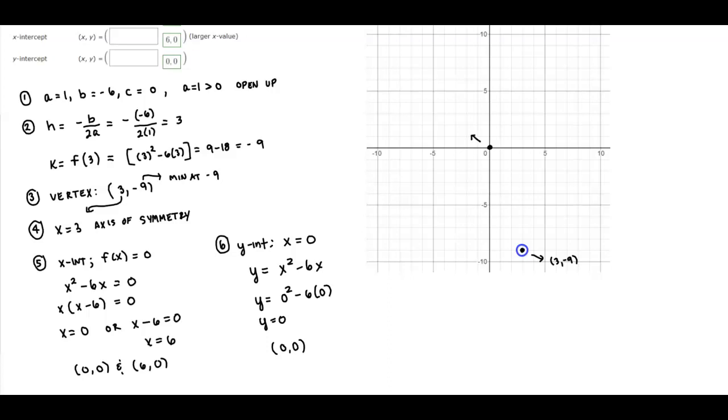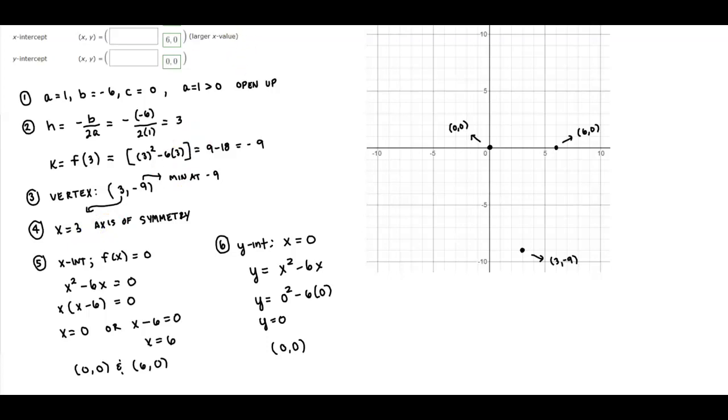So we know we have an x-intercept at 0, 0, and then we also know that we have an x-intercept at 6, 0. And we also have a y-intercept at 0, 0. And then we also know that we have the axis of symmetry, which is located at x equals 3.